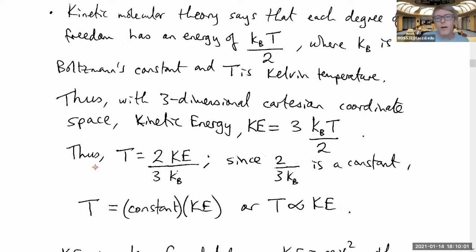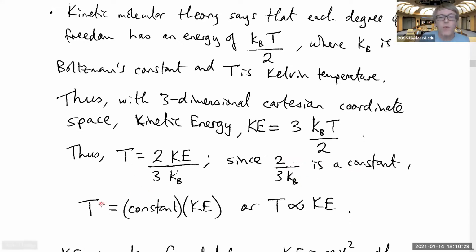If we isolate temperature here, so we bring the 2 over here, we divide by 3, and we bring the kB down here, we can give a definition of temperature, which is 2/3 kinetic energy over Boltzmann's constant. The number 2, the number 3, and Boltzmann's constant are all constants. So 2 over 3 kB is itself a constant.